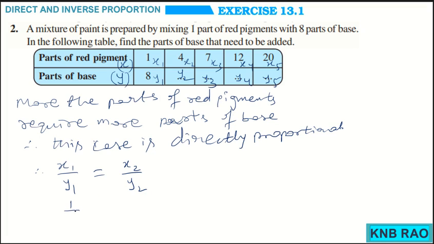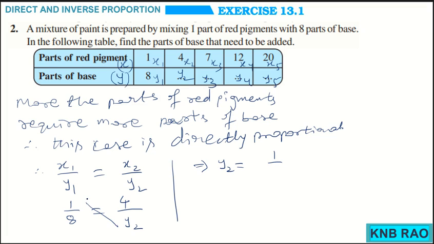considering x1 as 1, y1 as 8, that is, for one part of red pigment 8 parts of base are required. For 4 parts of red pigments, how many parts of base do we need? So we consider that as the y2 variable. It implies y2 is equal to 1 upon, or let's say we use cross multiplication.